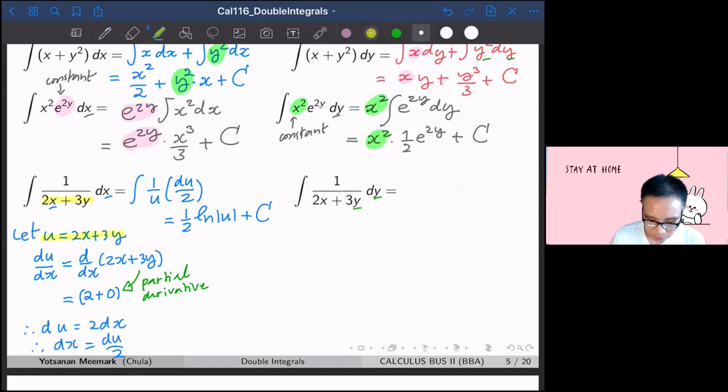And we're not done yet, so it's going to be 1/2 log absolute 2x plus 3y plus c.